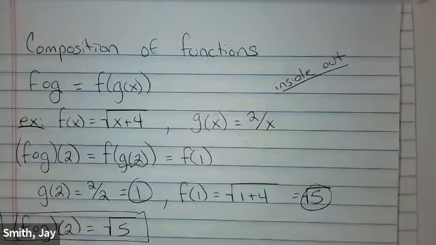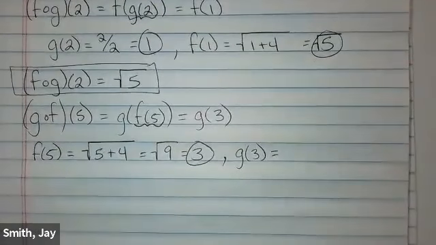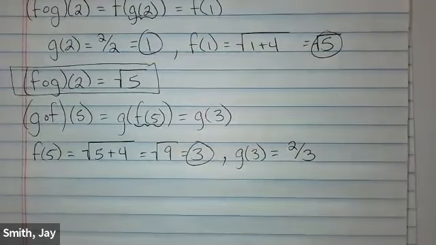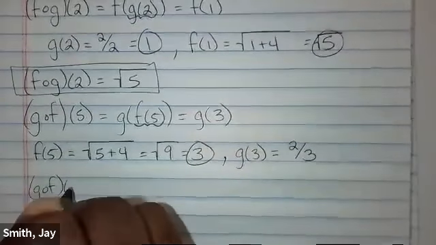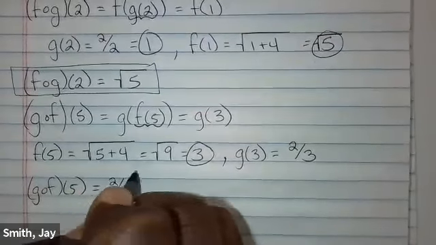So we want to remember that g of x is 2 over x. So g of 3 is simply 2 over 3. So to answer our original question, g composed with f of 5 is equal to 2/3.